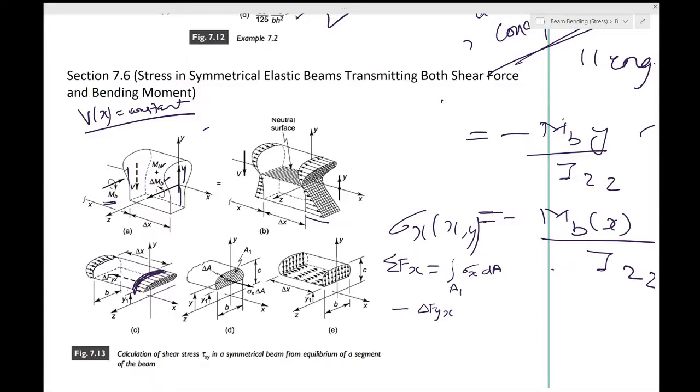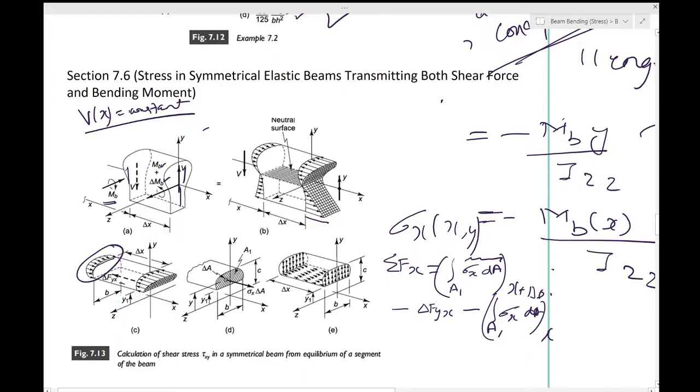Sorry, this force is this one. Then you have another integral over A1, so the area is the same, of sigma x dA. This must act at x, and this acts at x plus delta x. So this is x clearly, and this is x plus delta x.